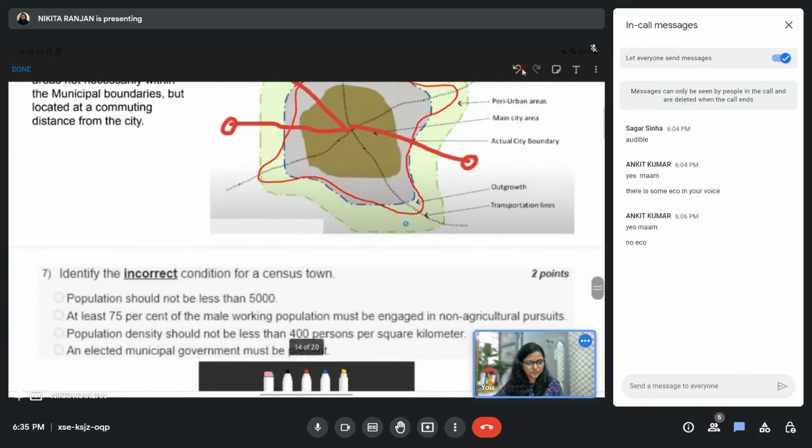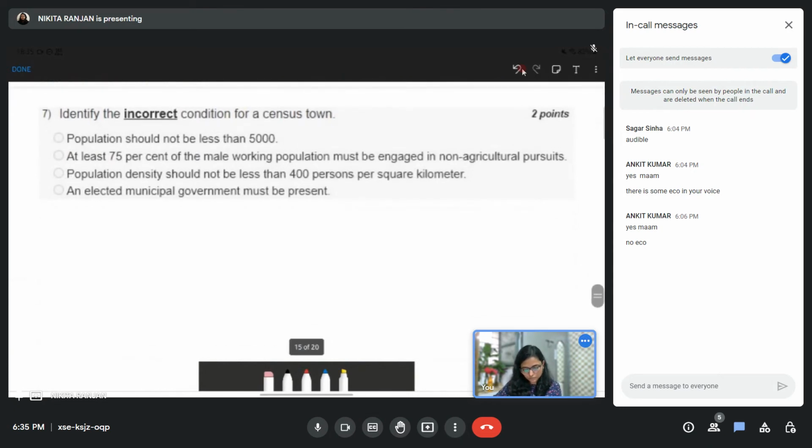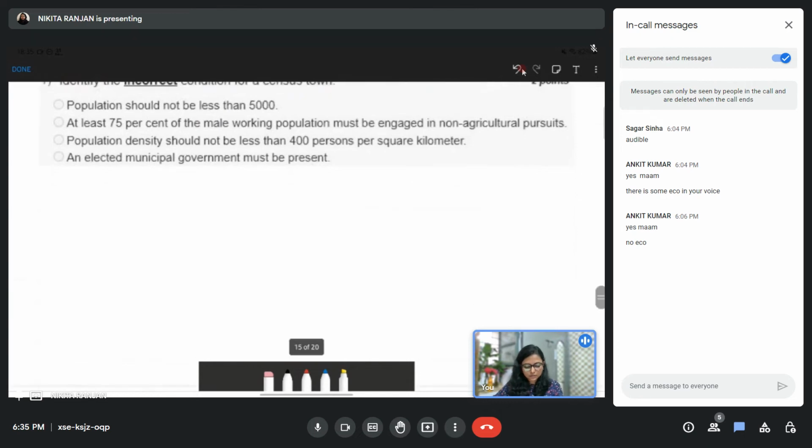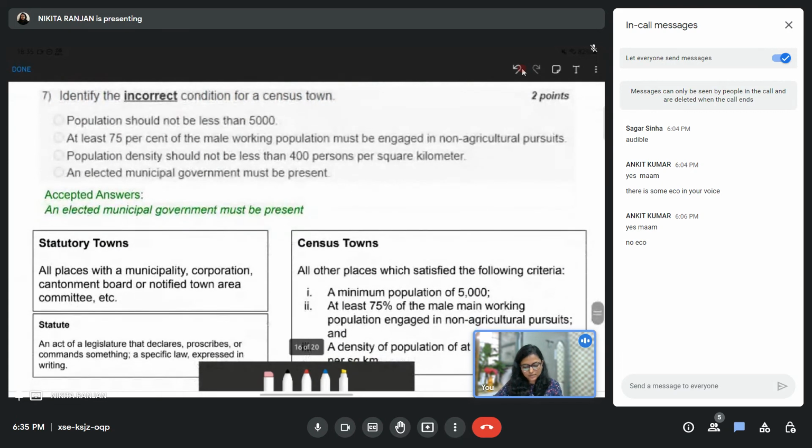Okay, next question. Identify the incorrect condition for a census town. This might seem easy to you, as we just went through the three criteria which identify any town as a census town. But do not get confused between statutory town and census town. So the answer for this question is that the census town need not have an elected municipal government to be present.